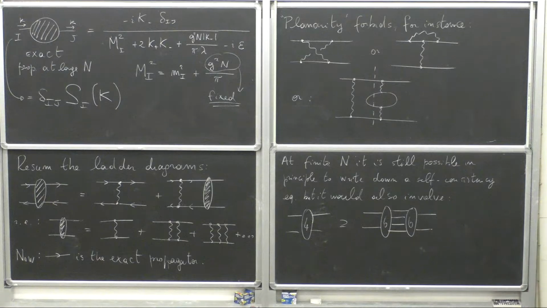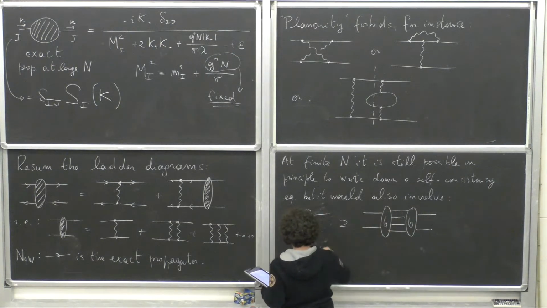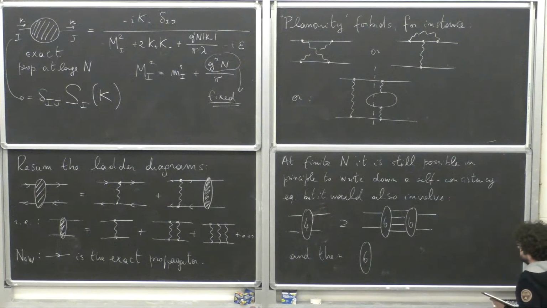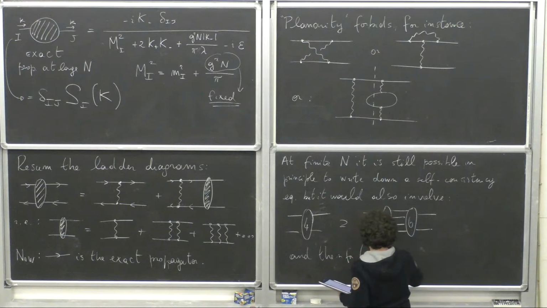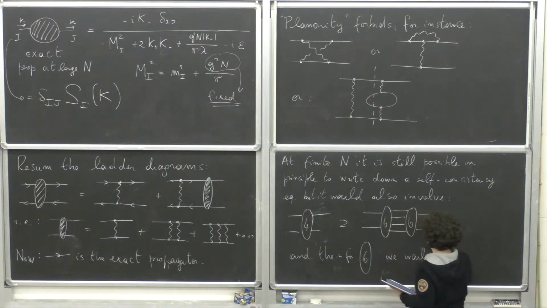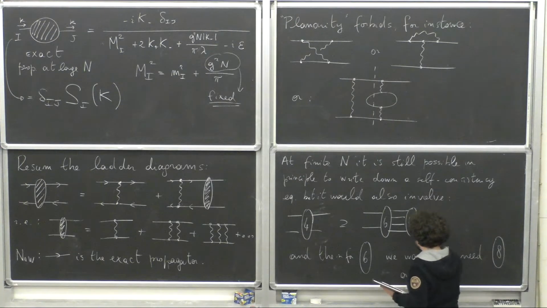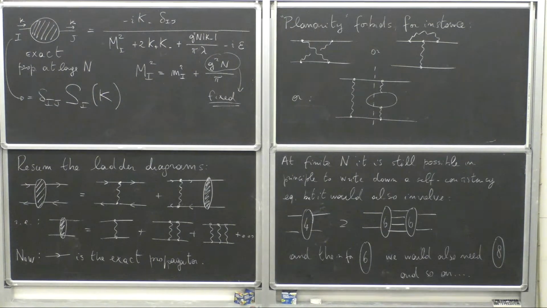I would have something like this, and then trying to write down some equation for this, we would also need 8, and so on. Okay? So it's only thanks to large N that we can write down a simple equation that only involves the 4-point function.